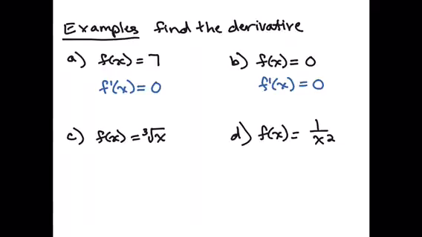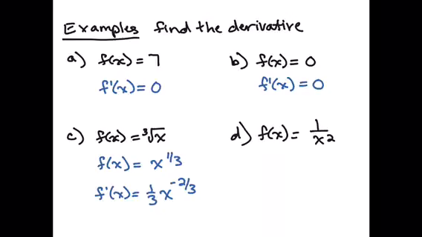Now for this one, I have f of x equals the cube root of x. Now that's actually a power, and I need to rewrite this function so that I can see that power. Well, the cube root is the same thing as x to the 1/3 power. So the derivative of this, a 1/3 comes out front, and we get x to the 1/3 minus 1, which would be negative 2/3.